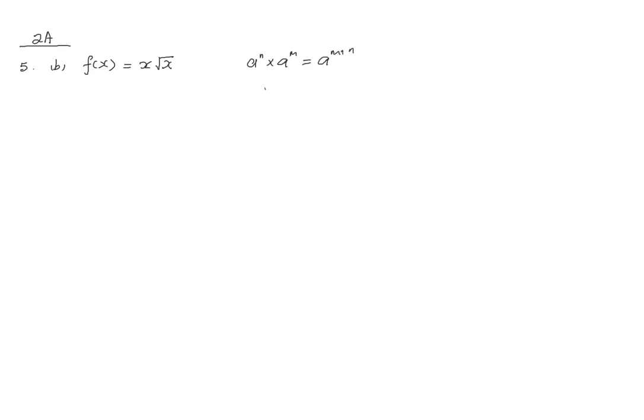And square root means power half. So I have x, square root of x. I will prefer to write it as x to the power of 3 over 2. Yeah, got it? Then I will prefer to write it as square root of x cubed.